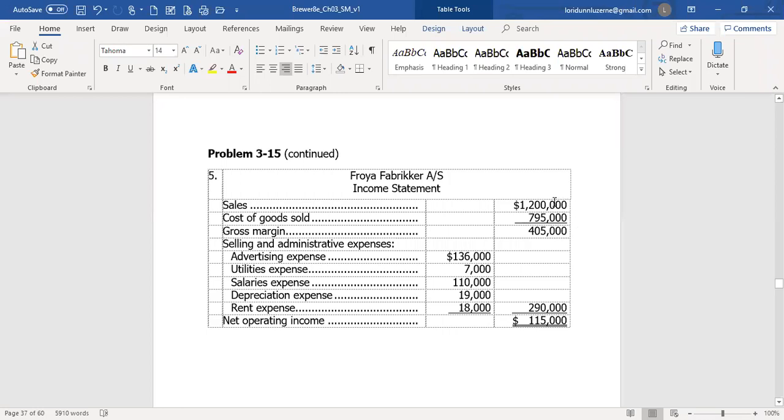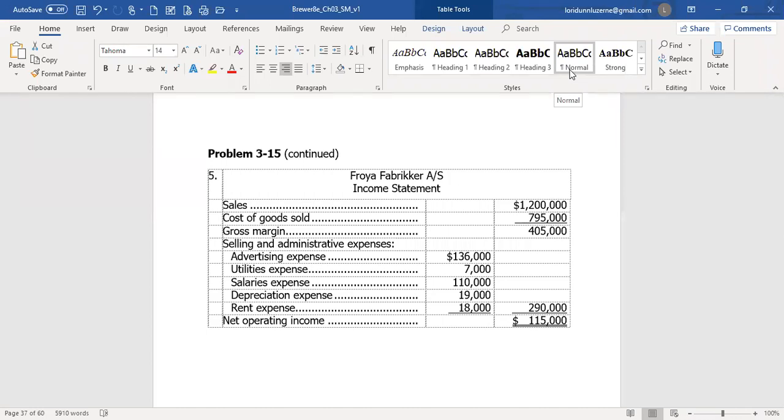So the company sold the heavy equipment, bringing in revenue of $1.2 million. Those items they sold cost $795,000 to make. So the gross margin or profit is $405,000. Now, so that's what they made from selling the heavy equipment.